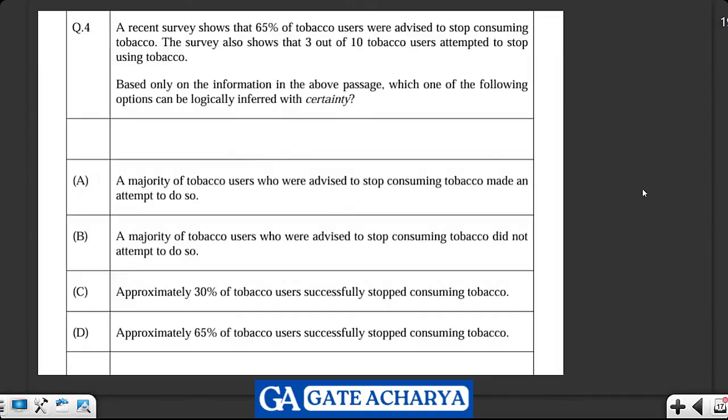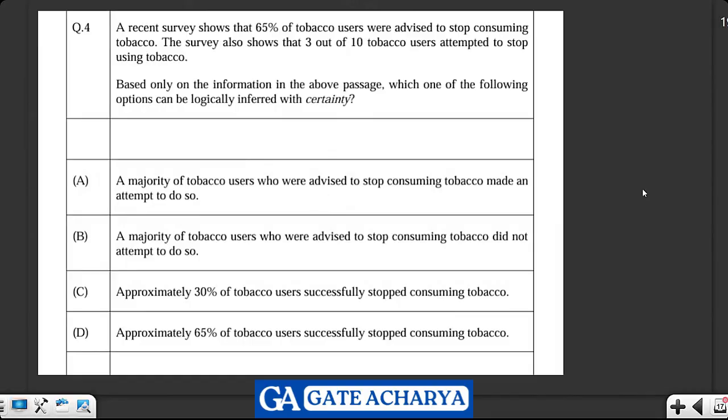A: Majority of the tobacco users who were advised to stop consuming tobacco made an attempt to do so. B: Majority of the tobacco users who were advised to stop consuming tobacco did not attempt to do so. C: Approximately 30% of the tobacco users successfully stopped consuming tobacco. D: Approximately 65% of tobacco users successfully stopped consuming tobacco.